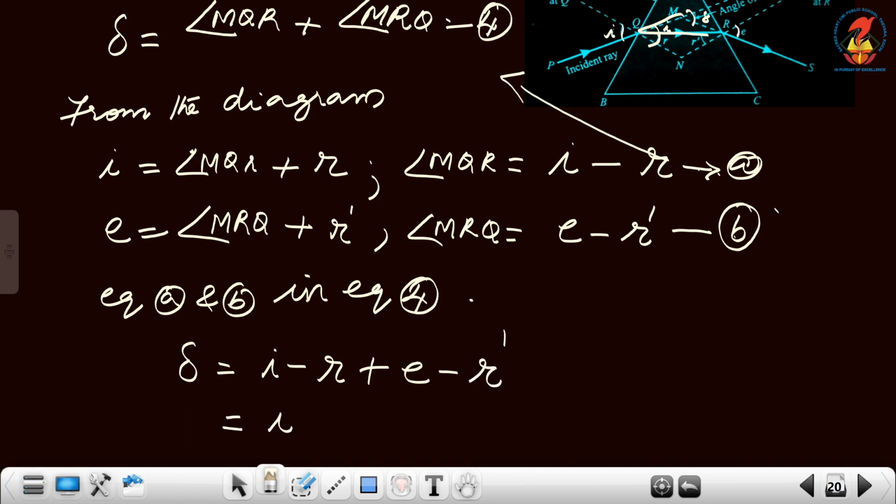On rearranging we can write i plus e minus r plus r dash.